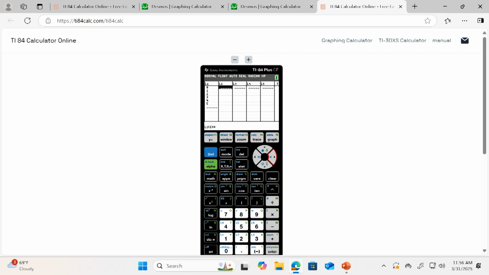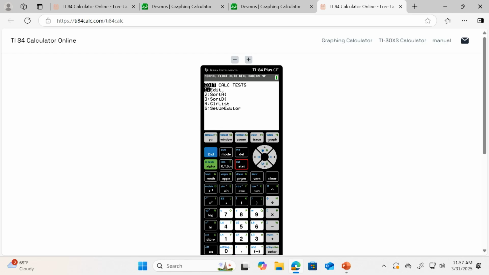I'm going to scroll right and put my Y information: -10, making sure I use the negative button, which is under the 3, not the subtraction. Enter. Then 10, 64, 152, 275, 430. I have all my information.